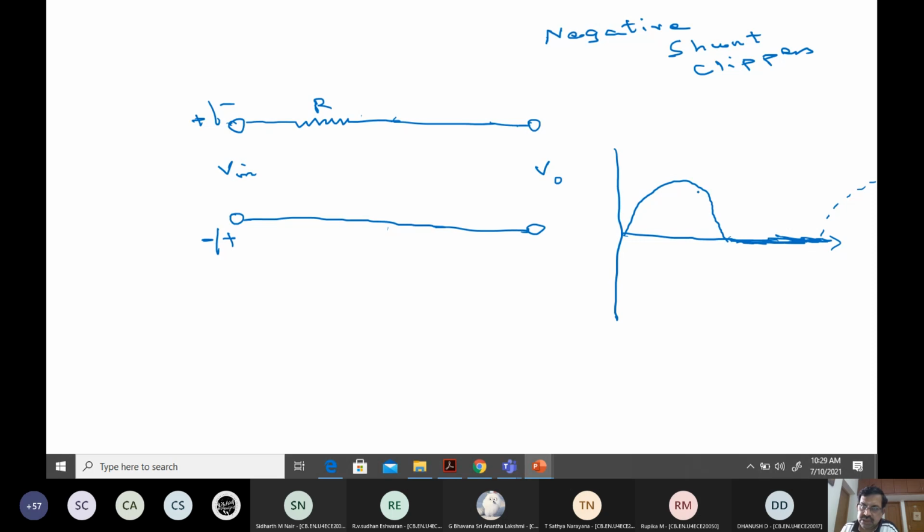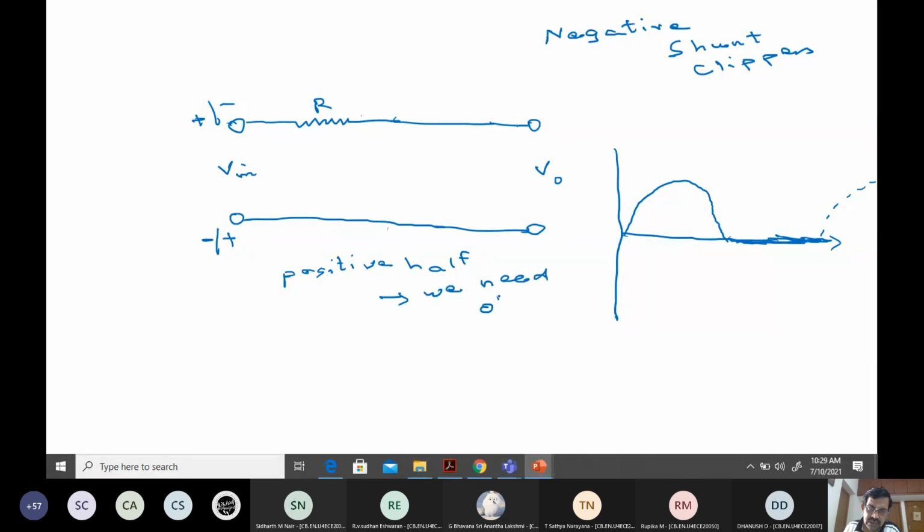So, negative shunt clipper. Think: if I connect in the positive, whether reverse bias or forward bias, that is the question. How do we do this? We want the signal; we need output.